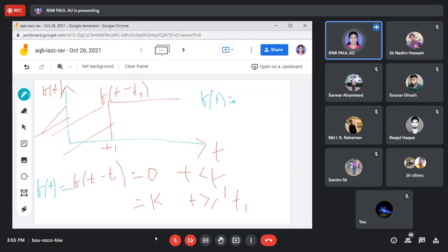Now the signal f(t), which is represented by a shifted unit step function, I can write in this way, u(t minus t1).